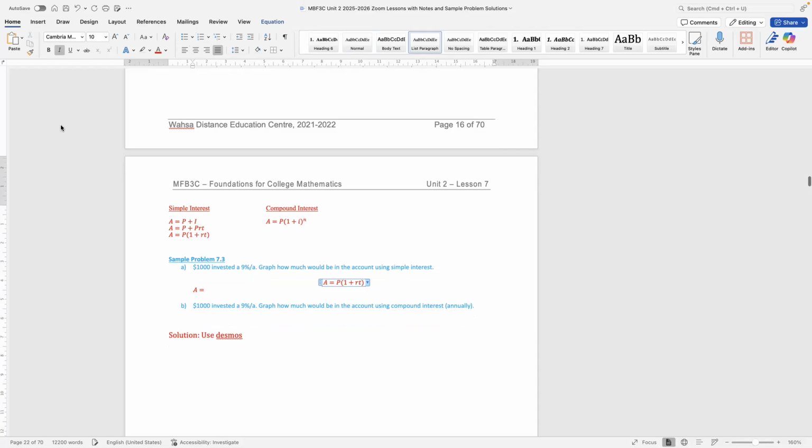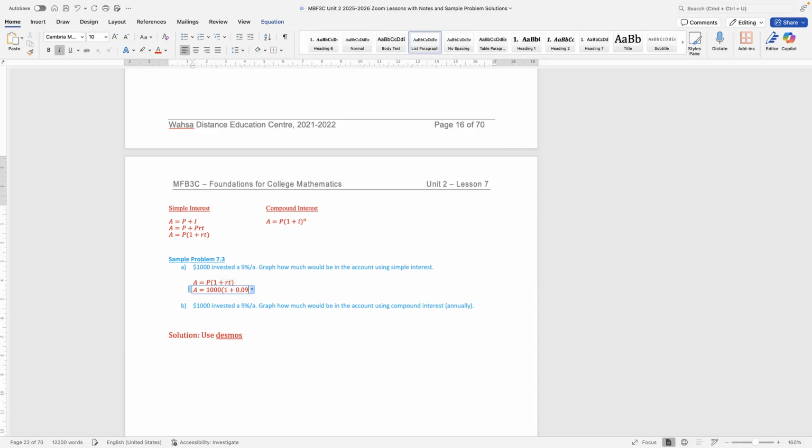A is equal to P is 1,000 times 1 plus the interest rate, which is 9%, so 0.09.